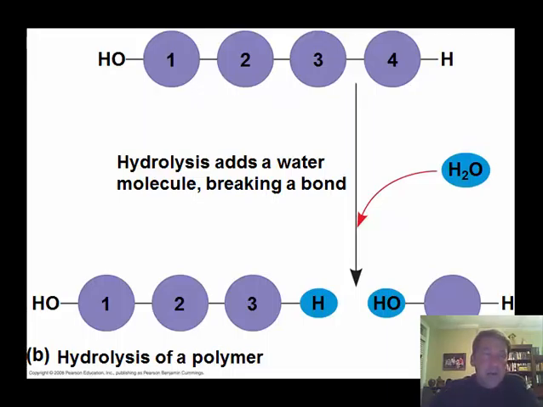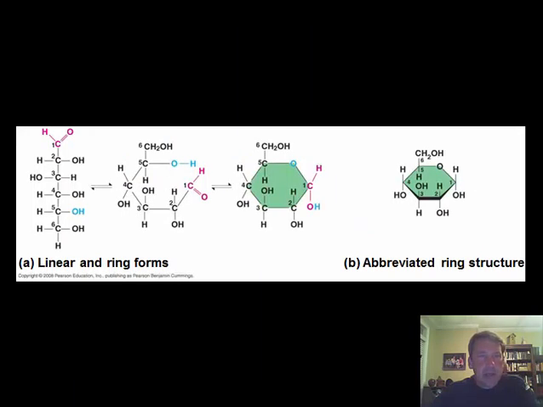There's simple carbohydrates, and there are large what are called polysaccharides, that have many monosaccharides attached to them. So let's look at one of these. Okay, here's one right here.